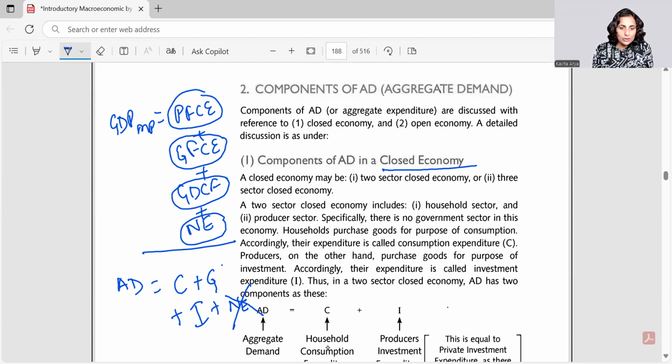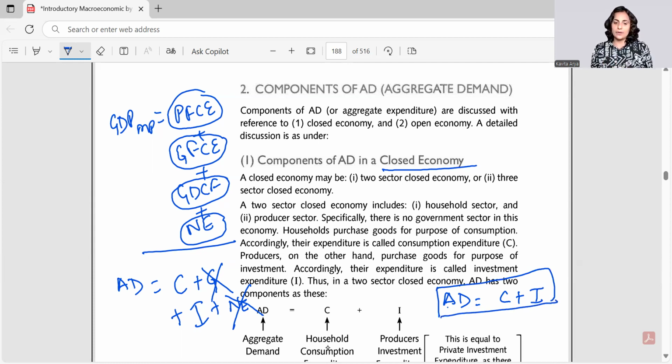So we have to just cross out this government sector as well. So what is the left out segment? Now AD is equal to C plus I. And this is the equality which we are going to use all throughout in all the diagrams of this unit. AD is equal to C plus I. So this C plus I is the AD for a closed economy.